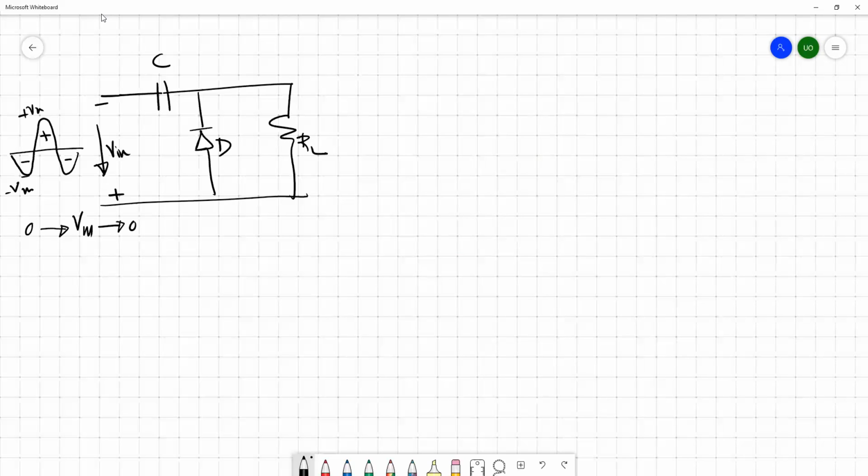This is possible for both the negative and positive cycle. If it is a negative cycle, this voltage goes from 0 to Vm and back to 0. If it is positive, again 0 to Vm and 0. I am accommodating this direction by changing the polarity, so that's why I didn't consider this minus sign. Ideally, during the negative cycle it goes from 0 to minus Vm and back to 0.